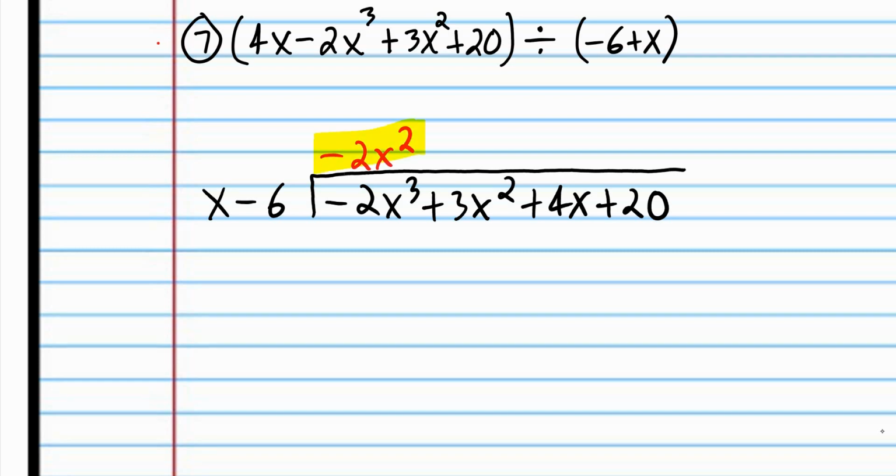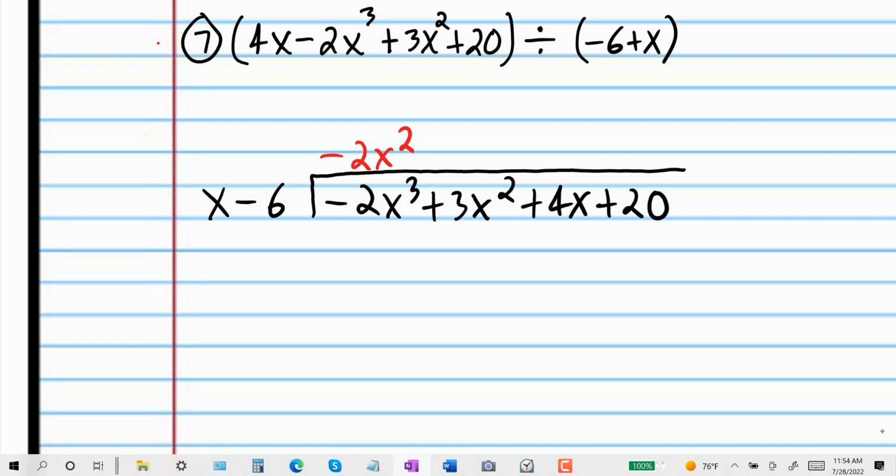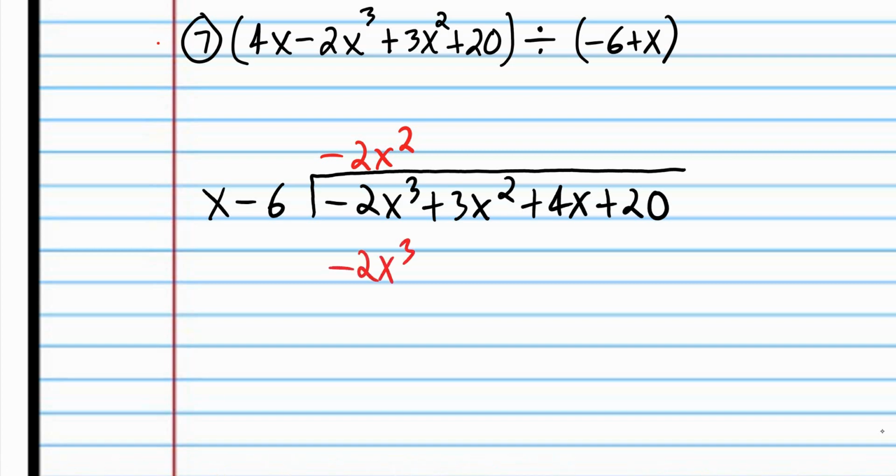Second step, multiply that term by the divisor, and we get negative 2x cubed, which we should because we want the same terms here. And negative 2x squared times negative 6 is positive 12x squared. Remember, when you multiply this term by the divisor, you have to use the distributive property.